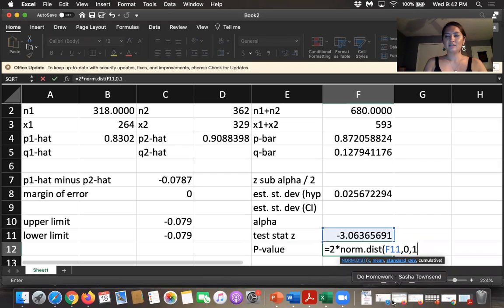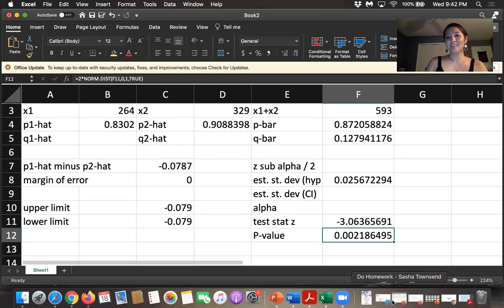Enter the standard deviation of the standard normal distribution, which is 1, and we say true. We want the area to the left, and then we want them to double it. And so we get that. And if we round to 4 decimal places, we get 0.0022, which is the same value that we got using table A2. Okay, great.